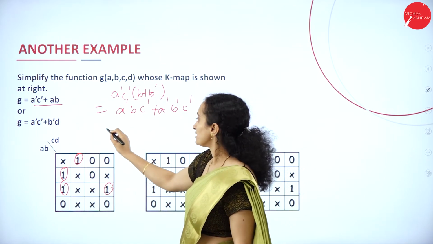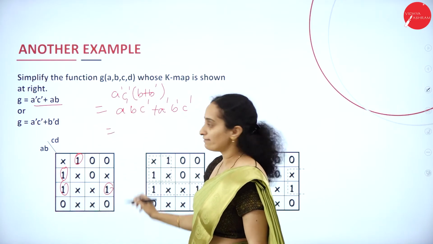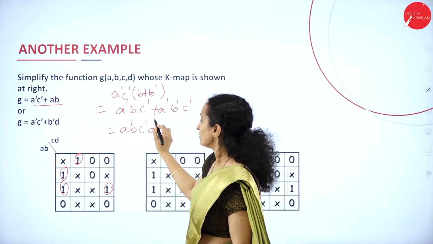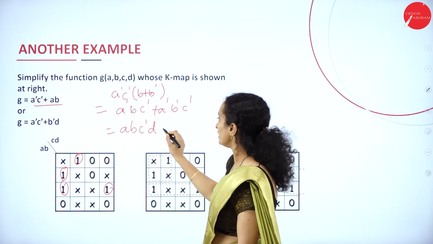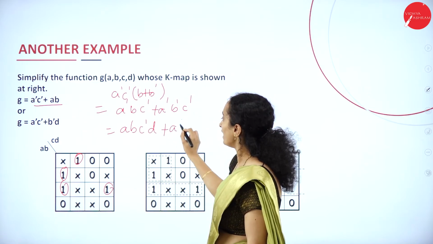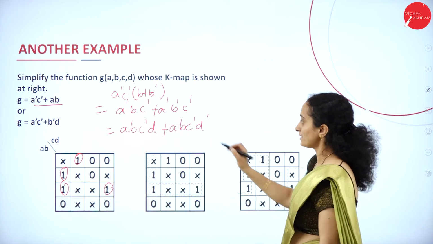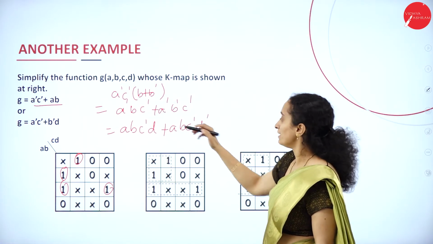Again, you are missing the D value. It will be A into B into C dash into D plus A into B into C dash into D dash, by multiplying with D plus D dash.